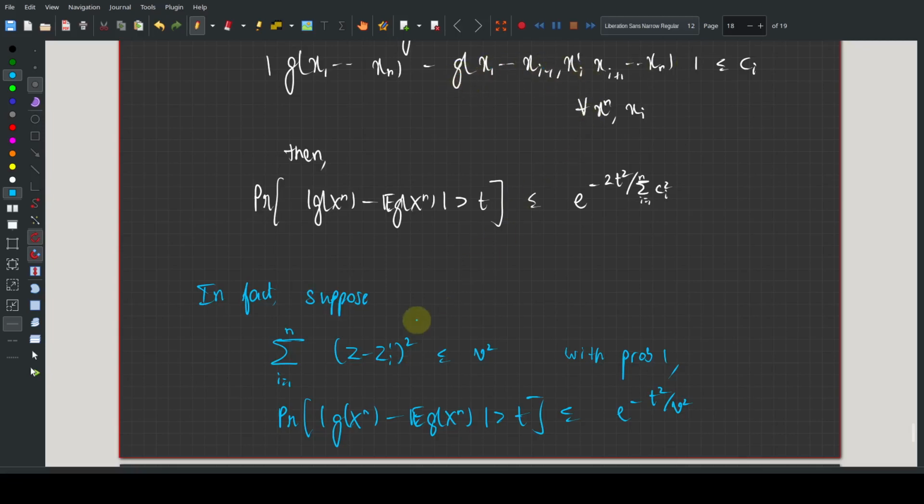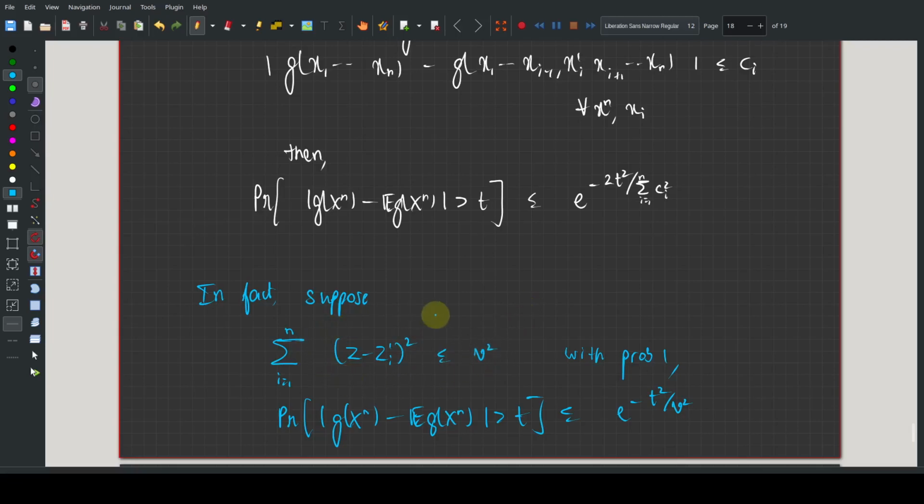So this of course implies this, but let's suppose that I only know that the summation i equal to 1 to n of z minus zi prime the whole square is less than or equal to v squared. From this, I can't derive a bound on just z minus zi prime. Of course, I have the trivial bound that z minus zi prime the whole square is less than or equal to v squared.